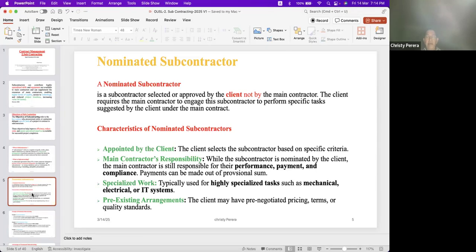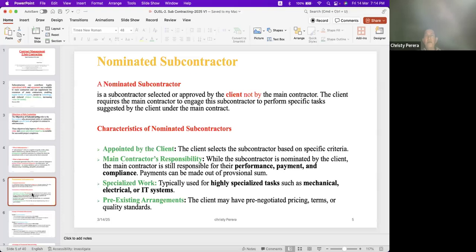So maybe I sign the contract agreement with this nominated subcontractor, but I will give it to the main contractor. He will have to carry out work with him. So that is called nominated subcontractor because I nominate him.